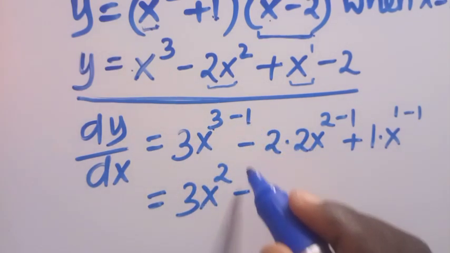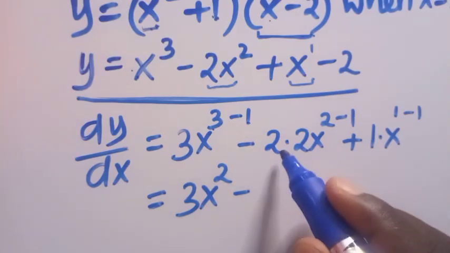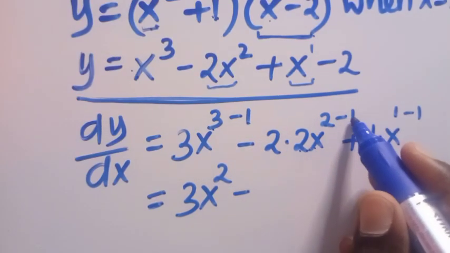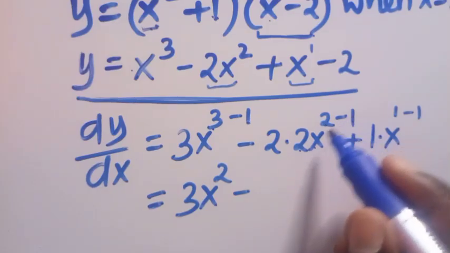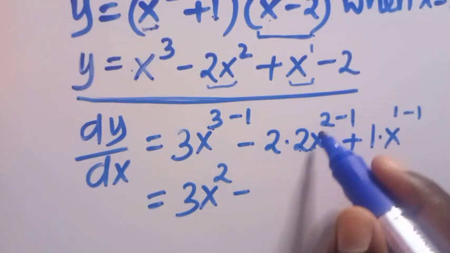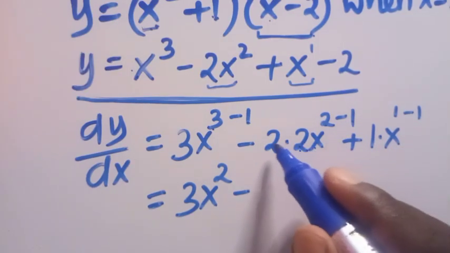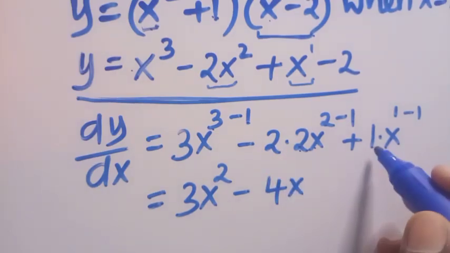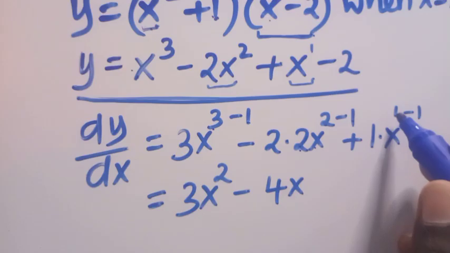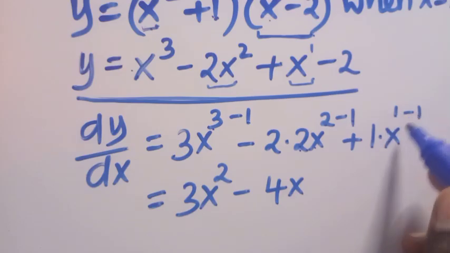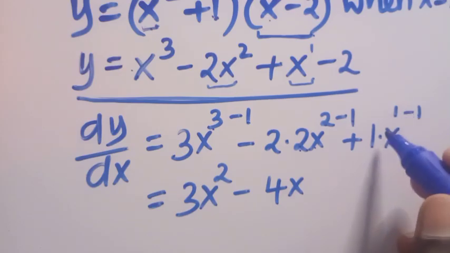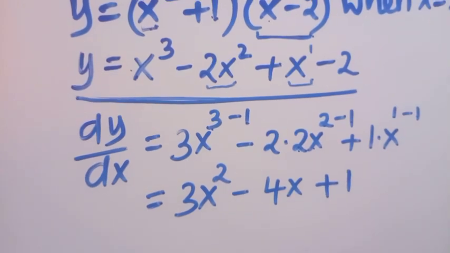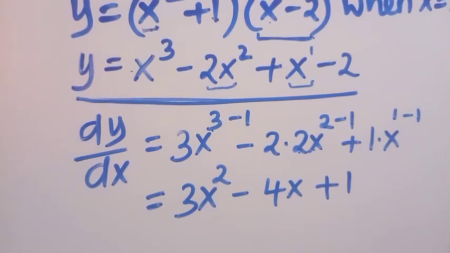Then minus 2x raised to 2 minus 1, which is 1. Therefore, this is 2x raised to 1, which is 2x. 2x times 2 is 4x. Then this one is x raised to 1 minus 1, which is 0. x raised to 0 is 1, times 1 is 1. Therefore, this is the gradient function that we have.